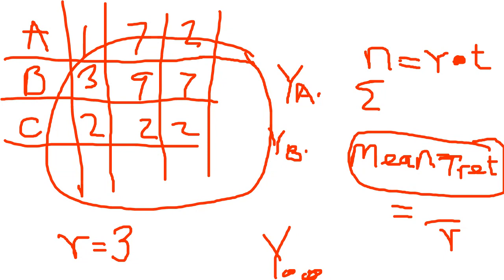And I repeat, this is only applicable provided the experiment is balanced. N equals R times T, provided the experiment is balanced.